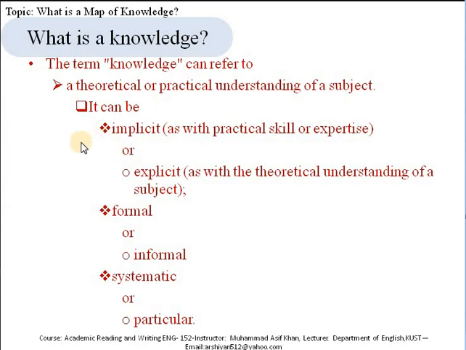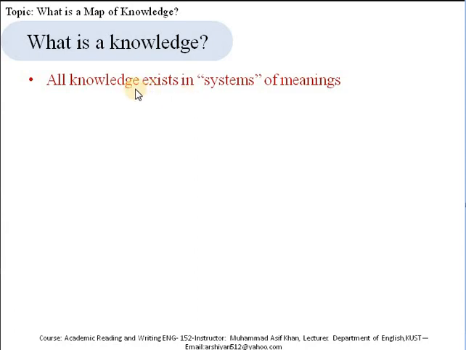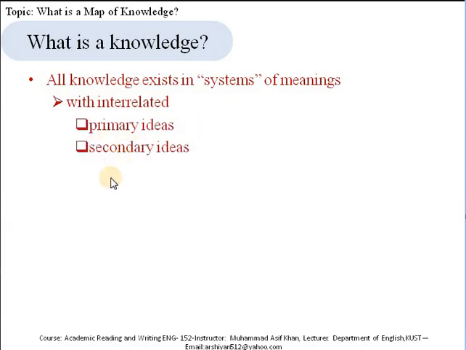Now let's see how knowledge is interrelated within a subject. Actually, all knowledge exists in systems of meanings, and this system of meanings is interrelated with the primary ideas, secondary ideas, and peripheral ideas.